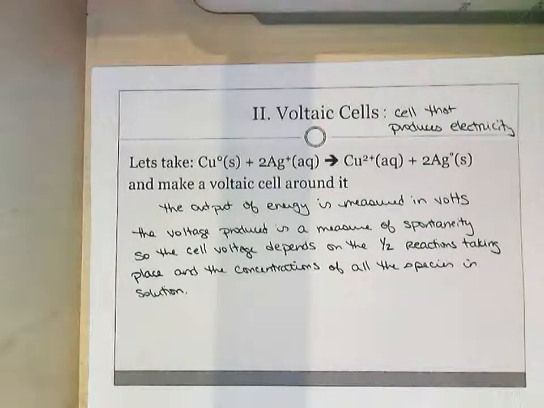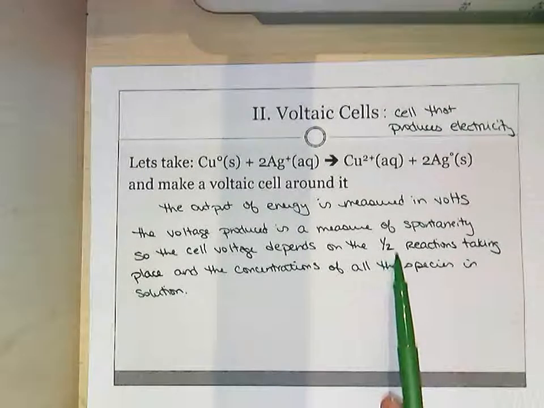Why do I care about concentration? Which two letters depend on concentration? K and the other one that's like K but not K. Q, right? So the concentrations tell you about K or Q, and then those combine with this to tell me if it's spontaneous or not.